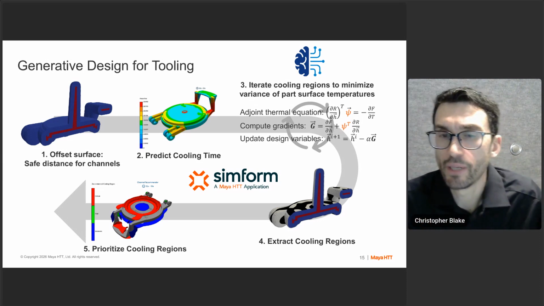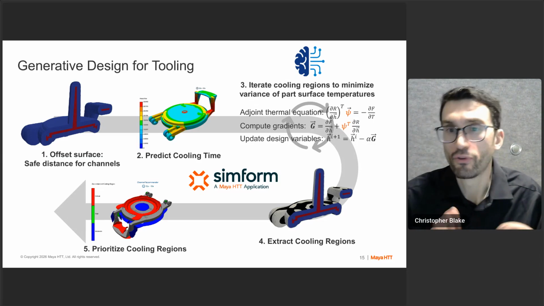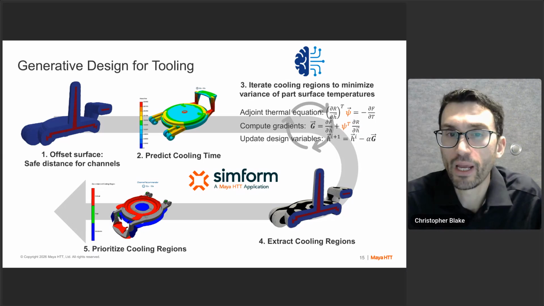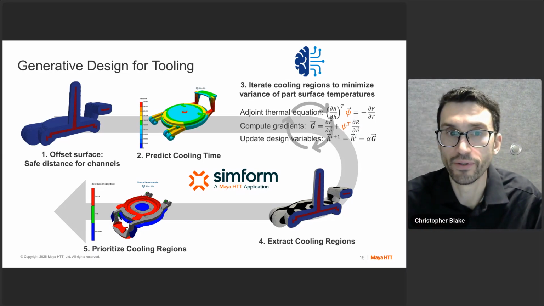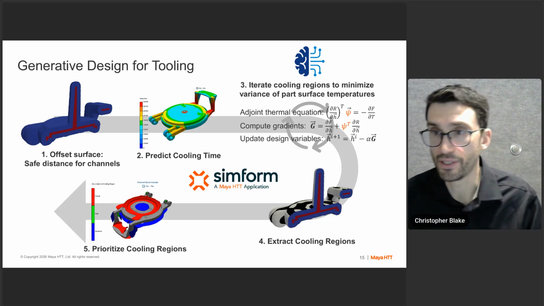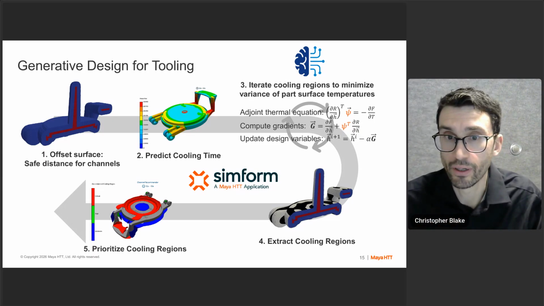At Maya, we've developed a similar generative algorithm that takes a 3D plastic part and produces a recommendation of where you need to put the cooling channels in order to minimize the temperature spread on the surface of that part. And this is a feature of our mold cooling software called SimForm.